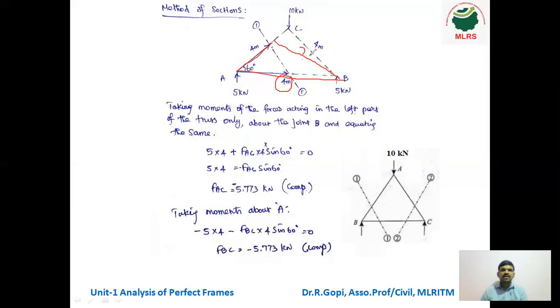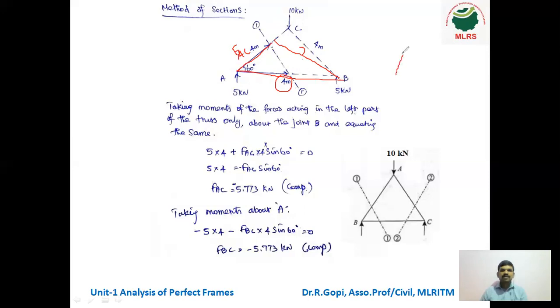We need only the opposite side, and opposite means definitely sine. 4 meter is the hypotenuse, therefore 4 into sine 60 is the opposite side. So the FAC force into this perpendicular distance is 4 into sine 60.